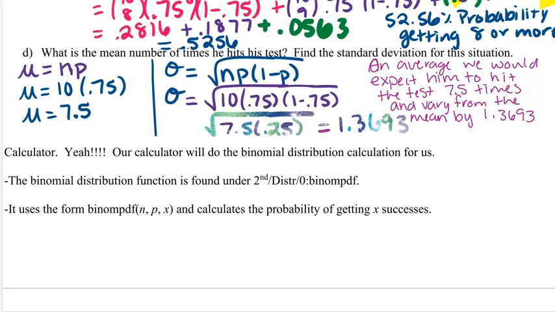So binomial distribution is found under second distribution and binom PDF. However, be really careful here because this binom PDF is what you use for finding an exact number of successes.